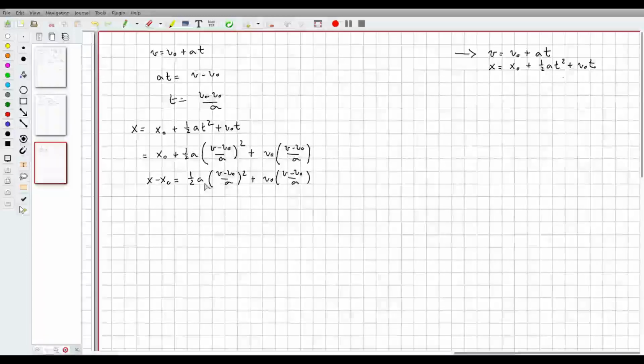If I pull it out over here, it makes this 1 over A out in front. There's also a 1 over A out in front over here as well. So if I multiply both sides through by A, it should eliminate the A's that I see on the right-hand side, and in turn, it'll put an A out in front on the left-hand side.